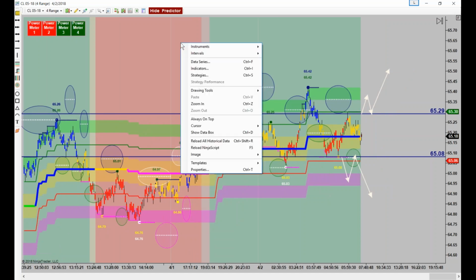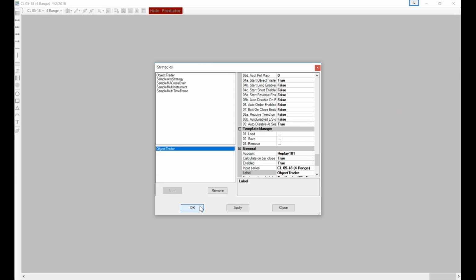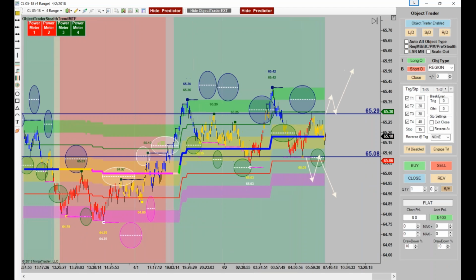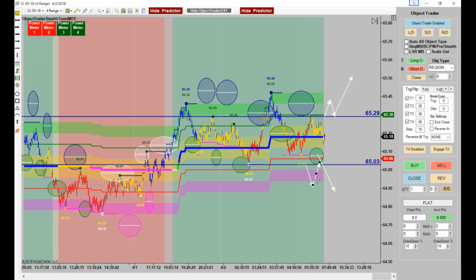We'll put Object Trader back on the chart. And hopefully my line stayed. They did. All right, so let's see if we can get a trade. All right, now keep in mind that, like I said, I'd want to break this one here, so I'm going to put these arrows here instead, and here instead.